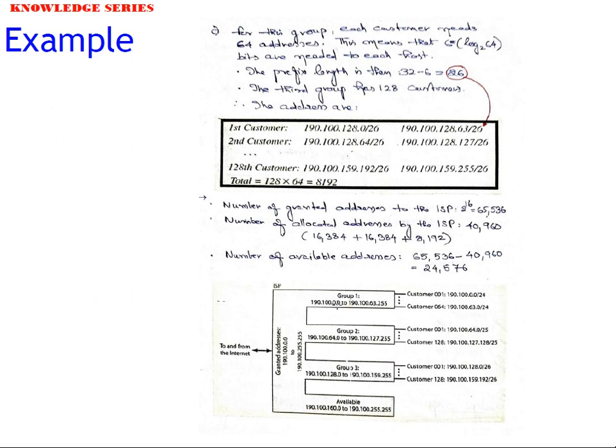So that is what you can see here, 190.1.0.0, 192.1.0.0, and it has gone up to 255. Here also 255, here also 0 to 255. Here you can see 63, 127, 159. It is being shown over here 0, 64, 128. So available is this one. That is what we can see here in this example.